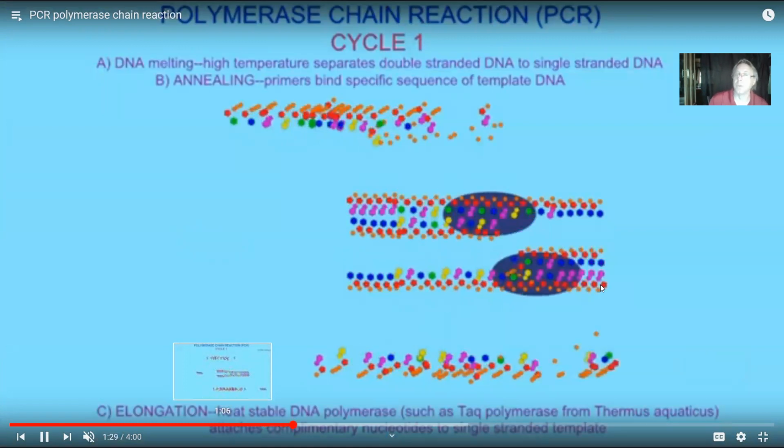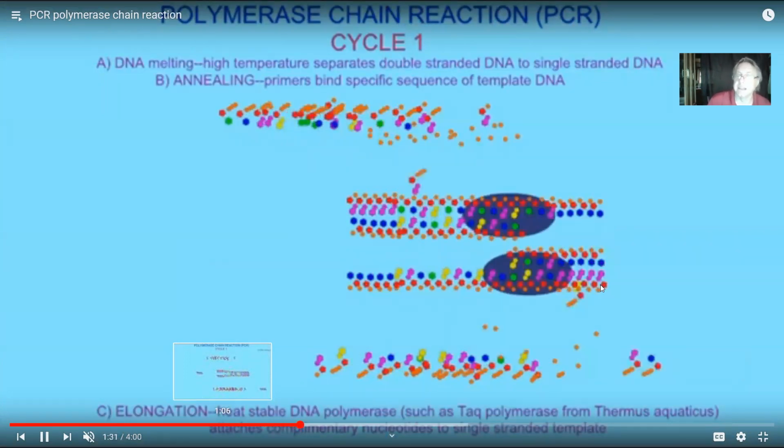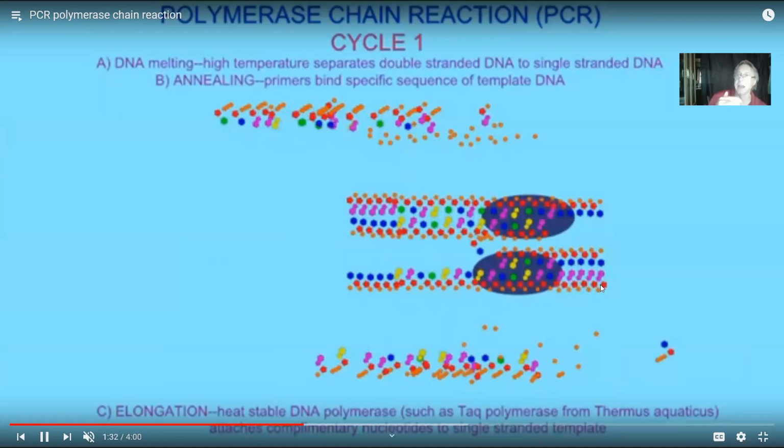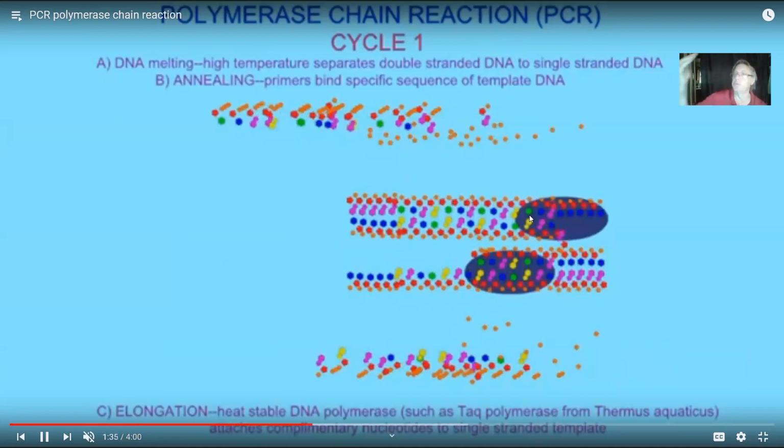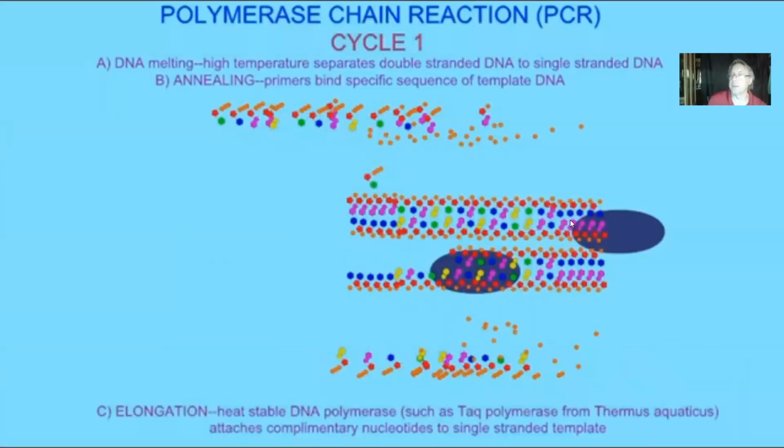Well, if you simply heat the double-stranded molecule of DNA, it separates into its two halves. And then each of the halves can replicate thanks to complementary base pairing.